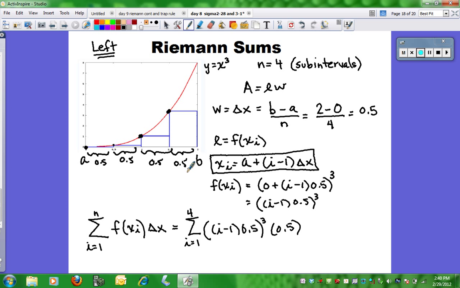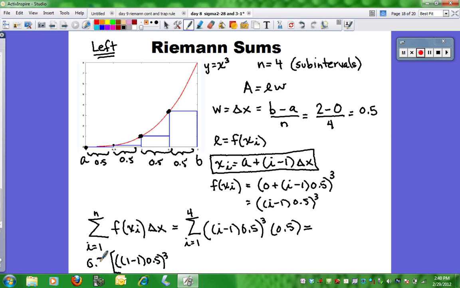So now what we would do to figure this out is we would plug in those values, 1, 2, 3, 4, and compute it. Alright, so here we go. I'm just going to write the work out here. So it's going to be 1 minus 1 times 0.5 cubed. You know what? I'm not going to waste a lot of time here. We know that this is multiplied by each rectangle, so I'm going to put it outside.